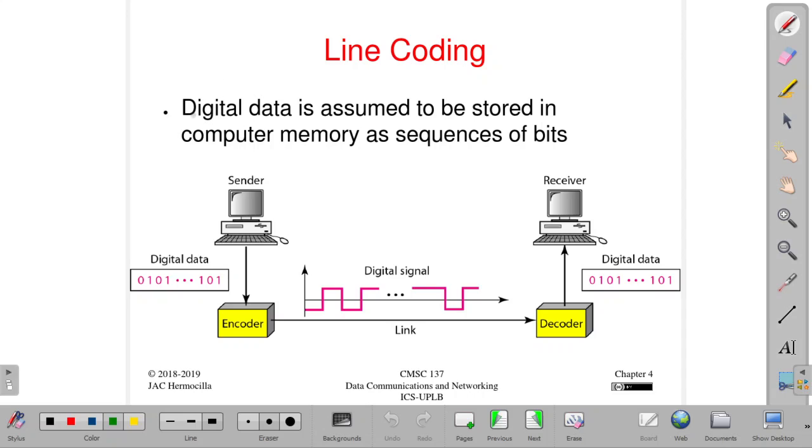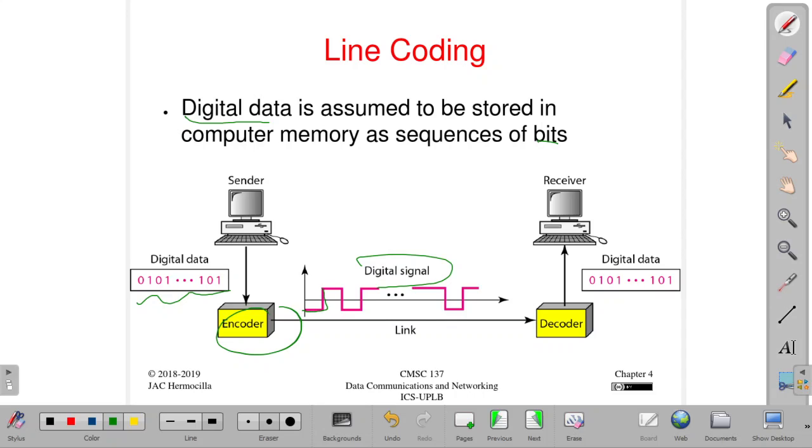For some definitions, we assume or we know that digital data is stored in the memory as a sequence of bits. So we have digital systems, we have computers, then data is stored as bits. And if you want to send digital data across the link, like this one, we need some form of encoder to convert the digital data to digital signal.